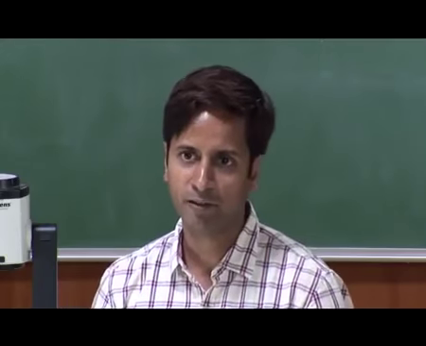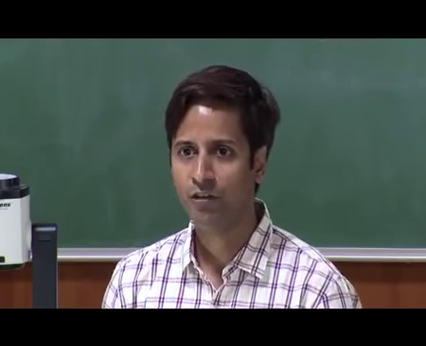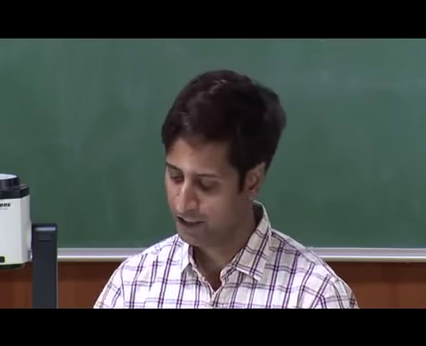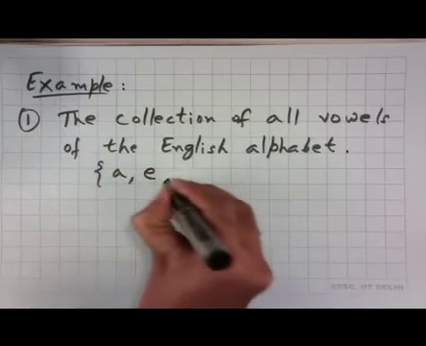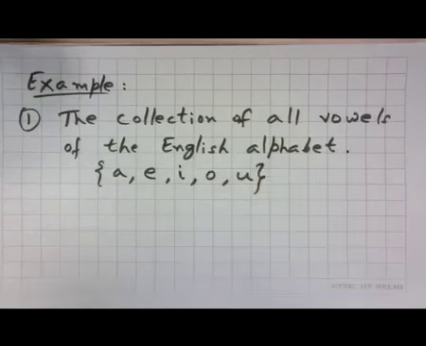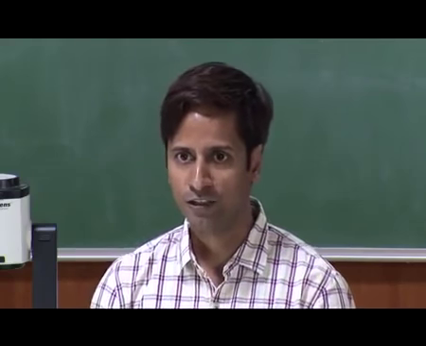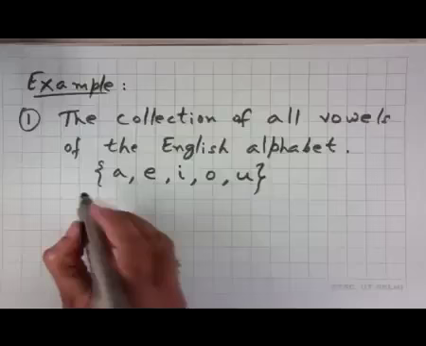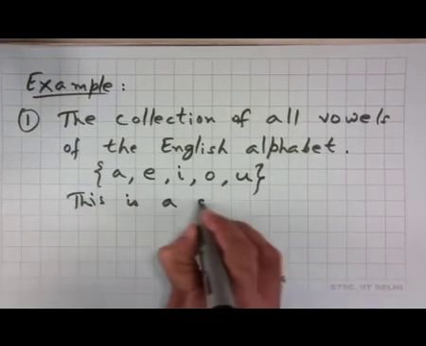We have the English alphabet, there are 26 alphabets A to Z, and we know that there are 5 vowels A, E, I, O, U. So, this is a well defined collection. Given an alphabet, you can tell whether the given alphabet is a vowel or not. So, this is an example of set. This is a set.